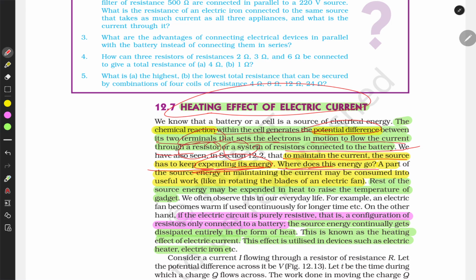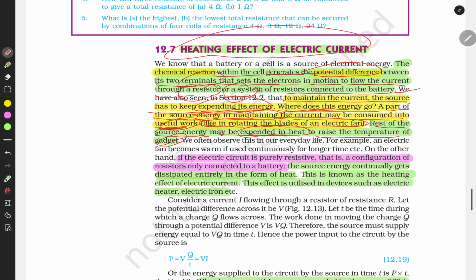Where does the energy go? A part of the source energy in maintaining the current may be consumed in useful work, like rotating the blades of electric fans, and the rest of the source energy may be expended as heat to raise the temperature of the gadgets.